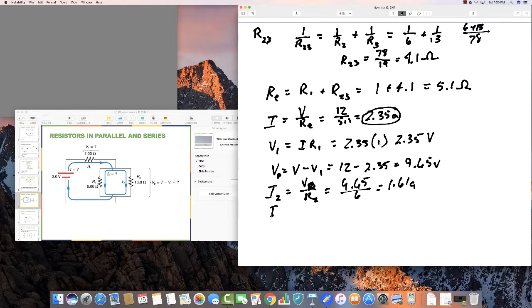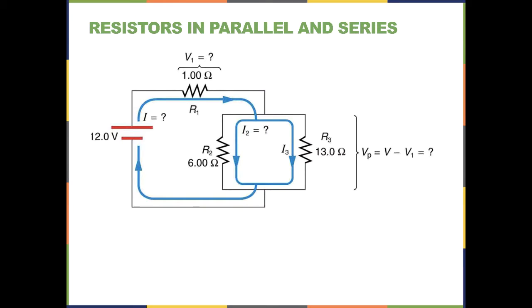And I3 is going to equal Vp divided by R3, which is 9.65 divided by 13, which is 0.74 amps. And this total should equal this. And indeed, if you add it up there, you're going to see.